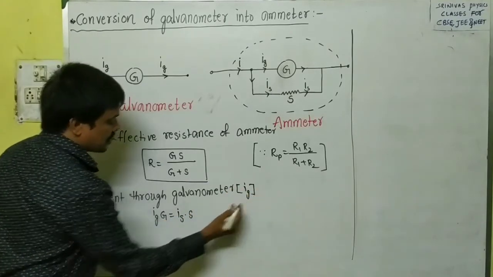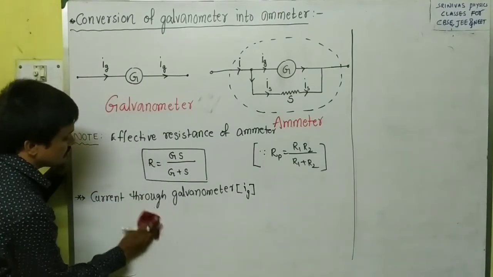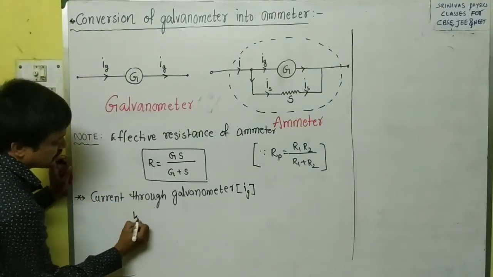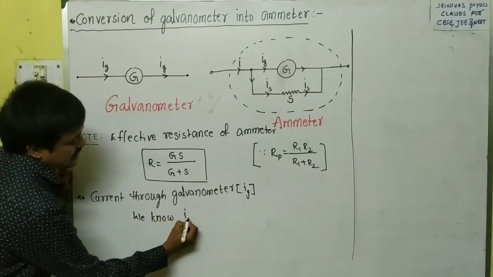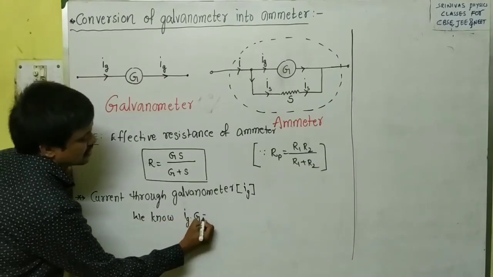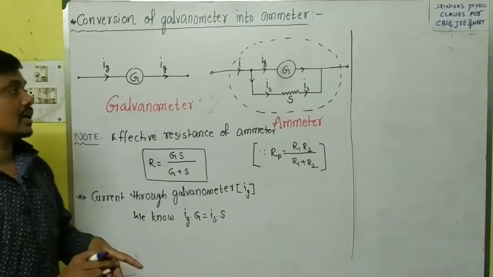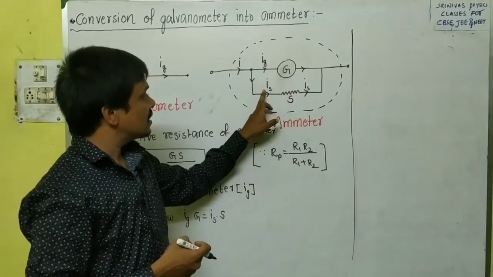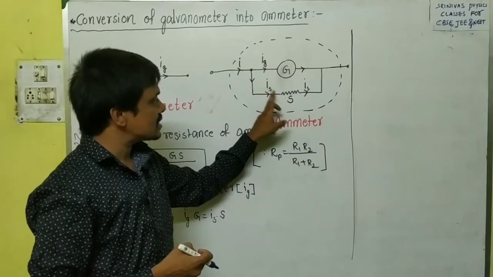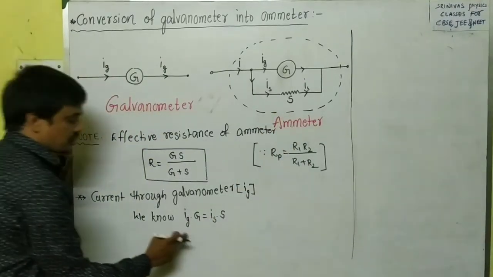We know already that Ig G is equal to Is S. From where does it come? Voltage is constant. Voltage across galvanometer, current into resistance, Ig G. Here current is Is into resistance S, Is S. Then Ig I want to find out.